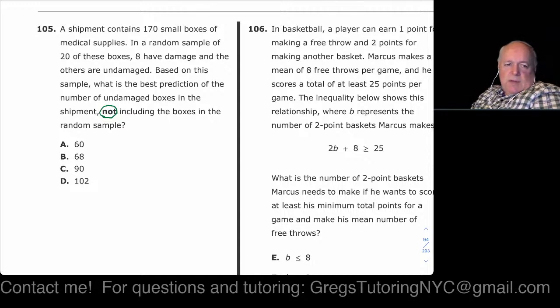So we have 170 boxes. Okay, we're up to there. And a random sample of 20 of these boxes, 8 have damage and the others are undamaged. So that means 8 out of the 20 are damaged.